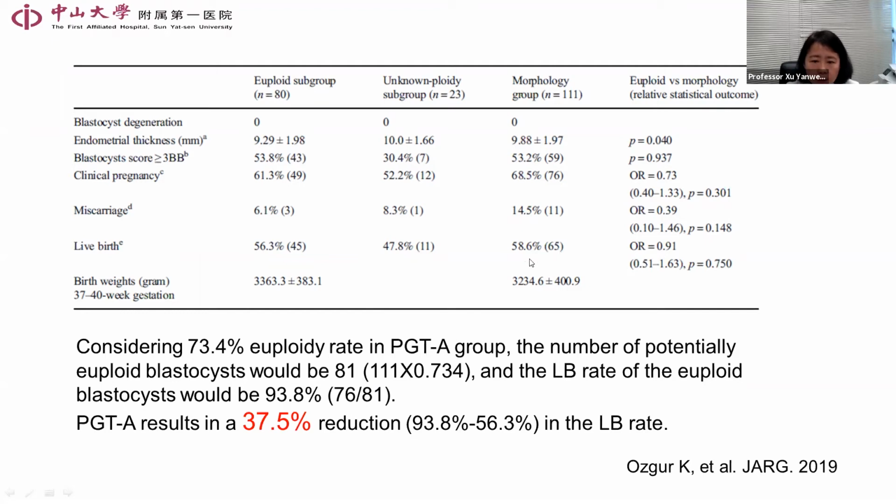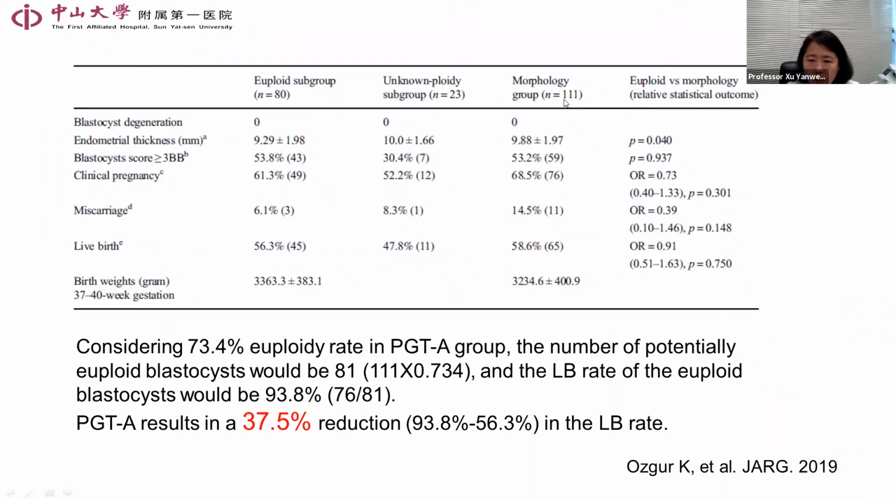The live birth rate of euploid blastocyst transfer would be 93.8%. That's 76 clinical pregnancies, 76 divided by 81. It means that in the morphology group, more than 100 blastocysts were transferred.